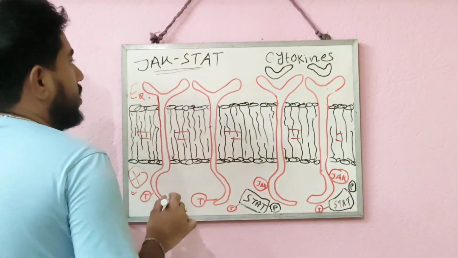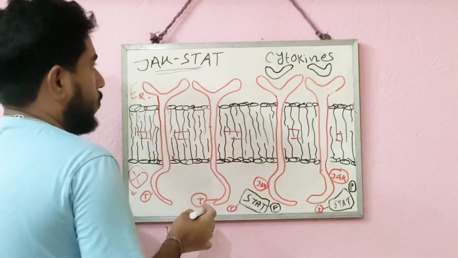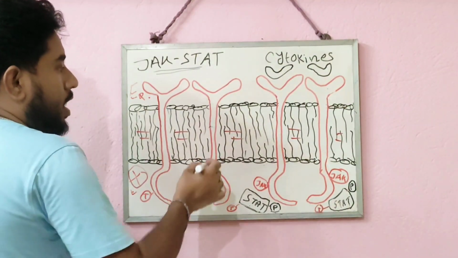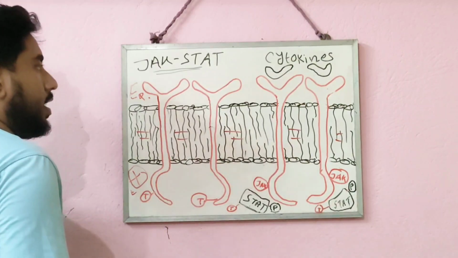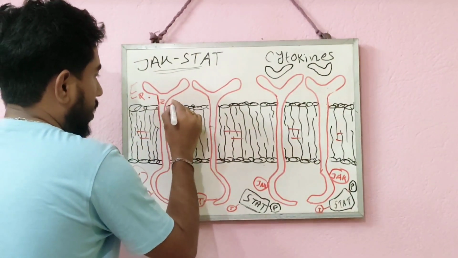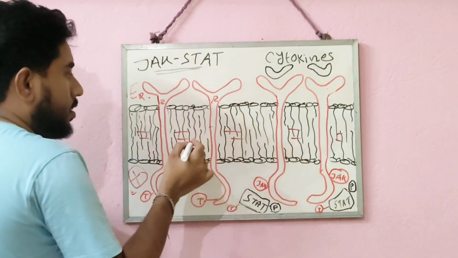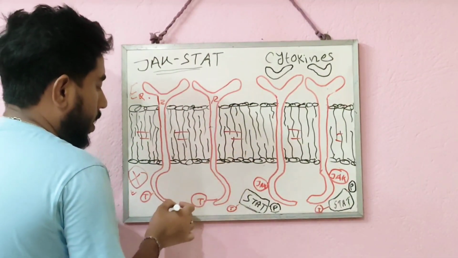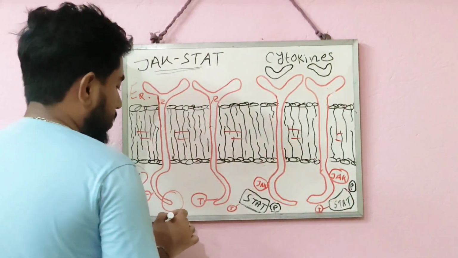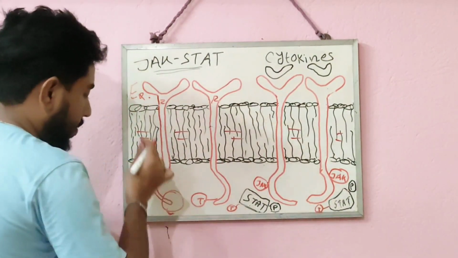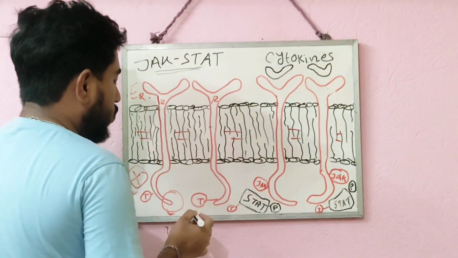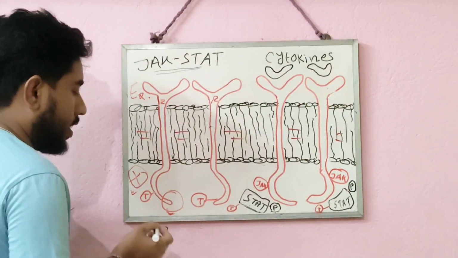Let's go deeper into Jak-Stat, where we will study how it works, what its examples are, and how it looks in a simple diagram. I have drawn here a Jak-Stat receptor, that is one receptor. Like the enzyme linked receptor, where we saw an enzyme linked domain inside, here also there is an enzyme binding domain, and the main enzyme that binds with that receptor is tyrosine.